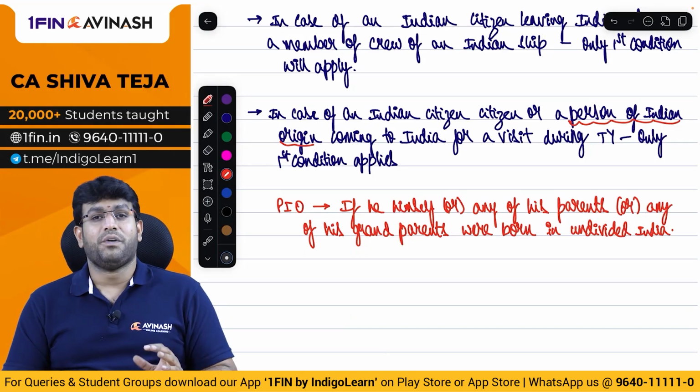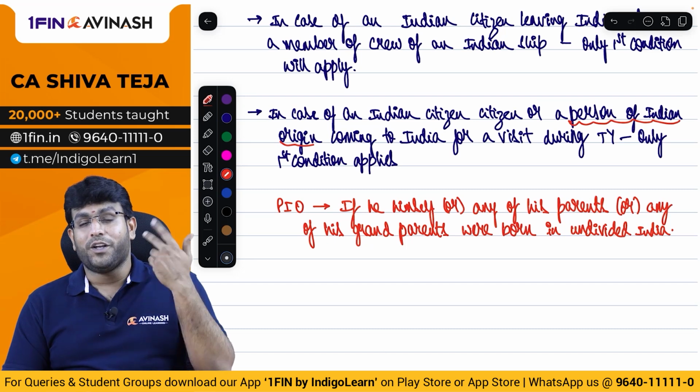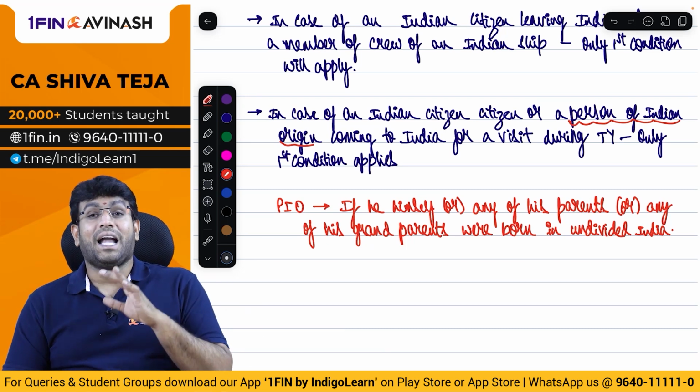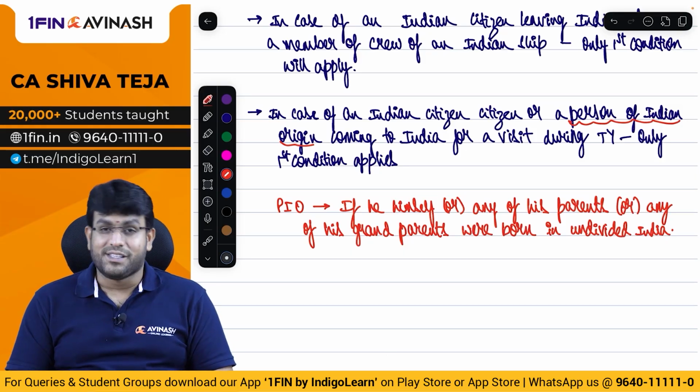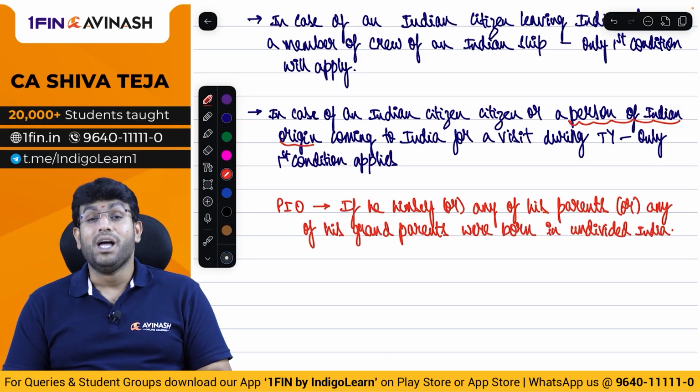Undivided India means before independence, before 1947. Then the person is called a person of Indian origin.